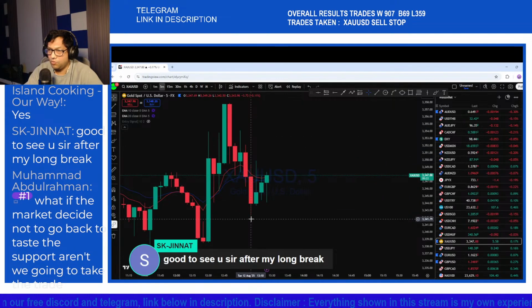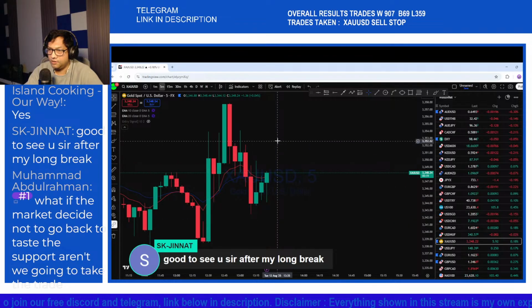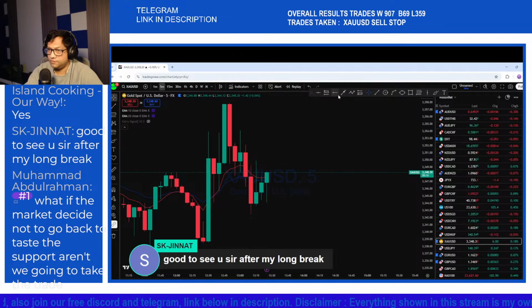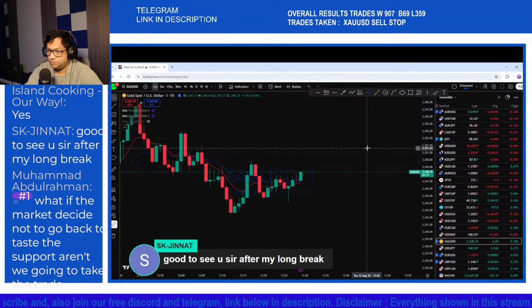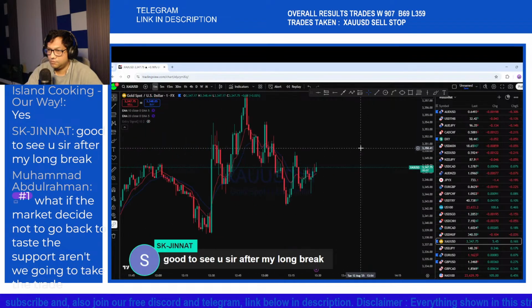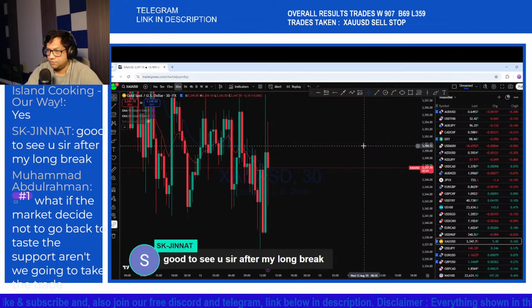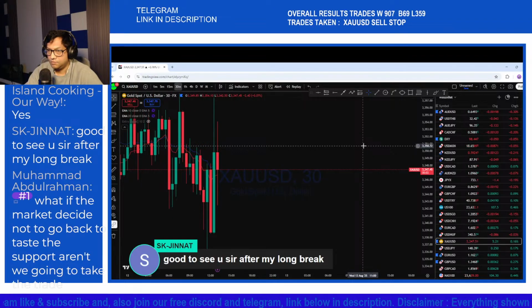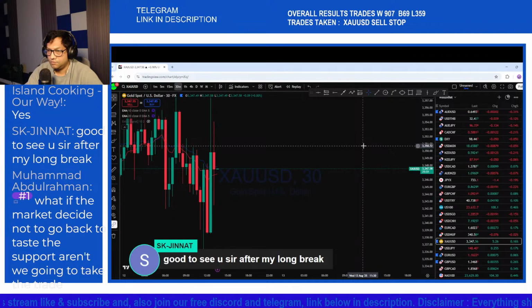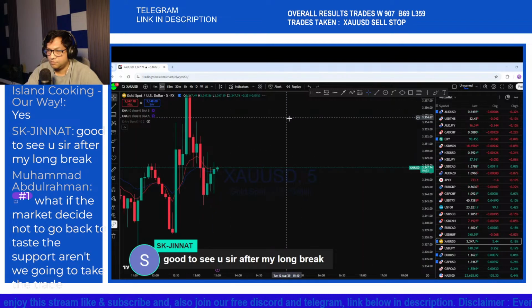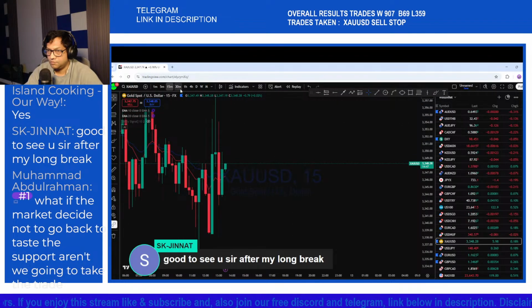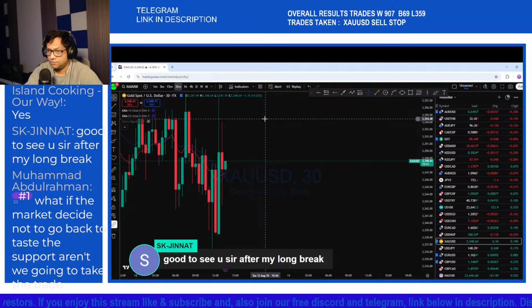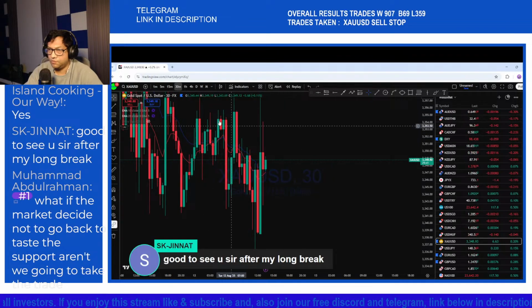This is the down move where the price is pushing back again.